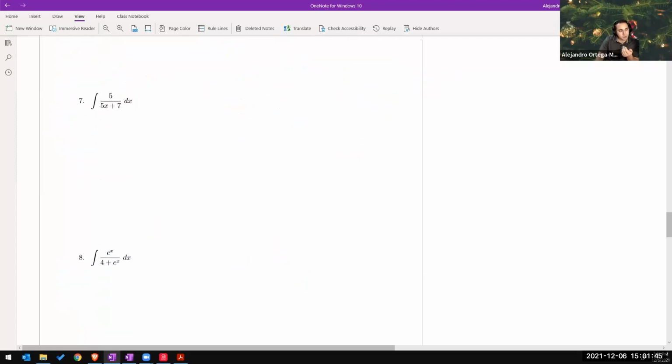So now I wanted to show you other types of problems where, most of the time in problems involving fractions, the u is going to be the denominator. Again, most of the time. So let's take a look at example 7 and 8.